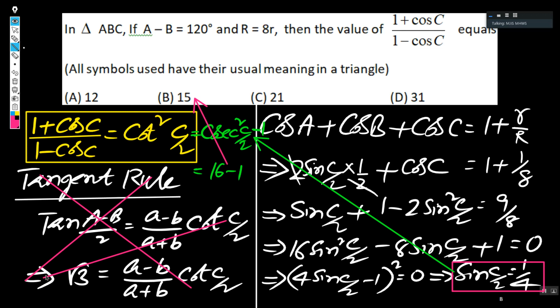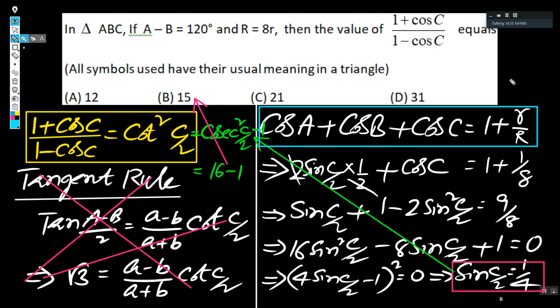Here the question is made with this result: cos A plus cos B plus cos C is equal to 1 plus small r by capital R. Please remember, most important one. You can easily remember this. That's it, please. It is done.